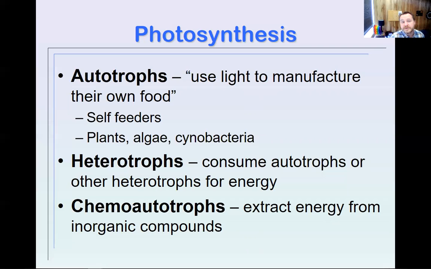A lot of times we'll find these at high temperature steam vents at the bottom of an ocean, where volcanic materials ooze up and that has lots of energy. Those organisms have mechanisms in place that they can utilize that. It doesn't come from the sun, doesn't necessarily get stored as sugar. They're just using that energy in other ways.